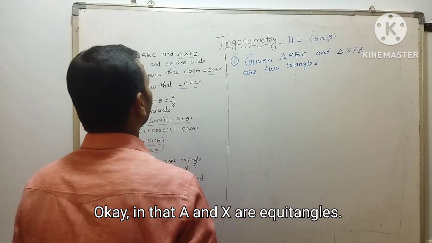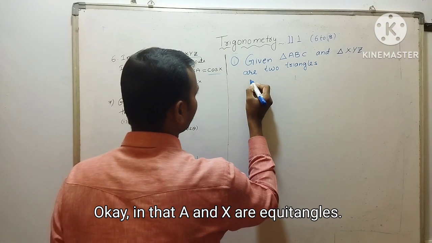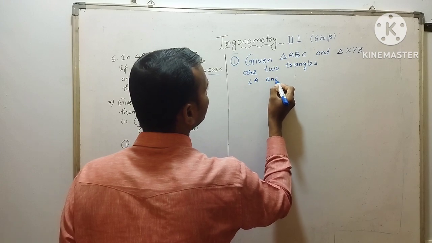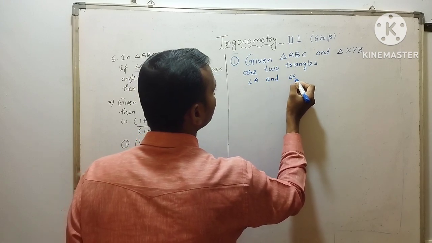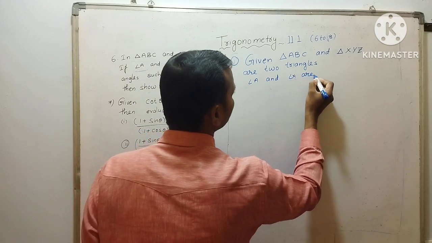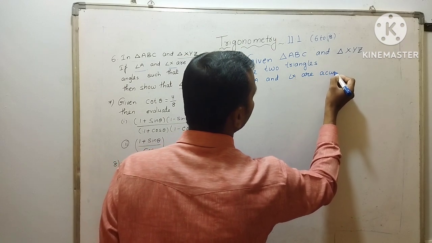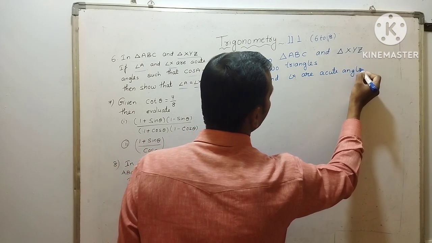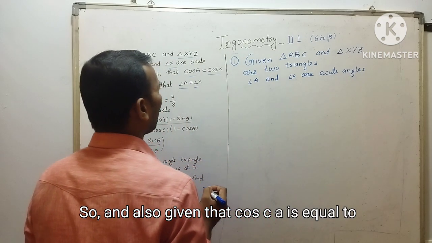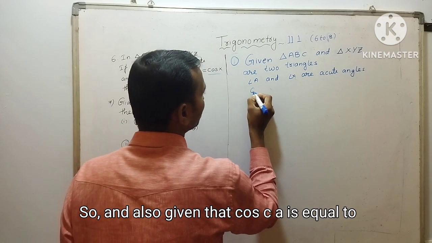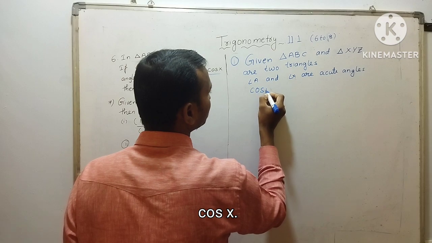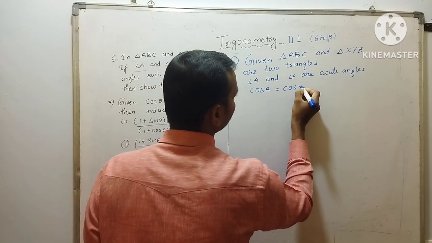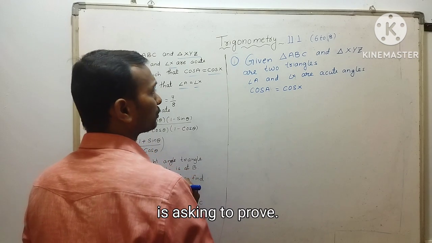In that, A and X are acute angles, and also given that cos A is equal to cos X. What is asked to prove?